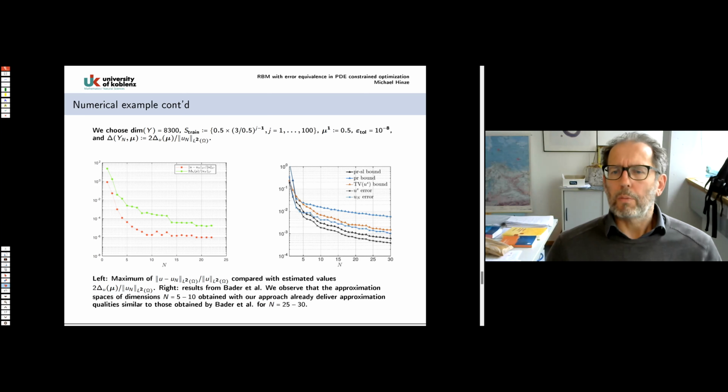And then you have here the results of three different a posteriori bounds. Here is what they call the primal slack estimator, which is the best performing method, and it's really online efficient. Then you get a primal bound, which is a classical approach, taken from a posteriori error control for variational inequalities.